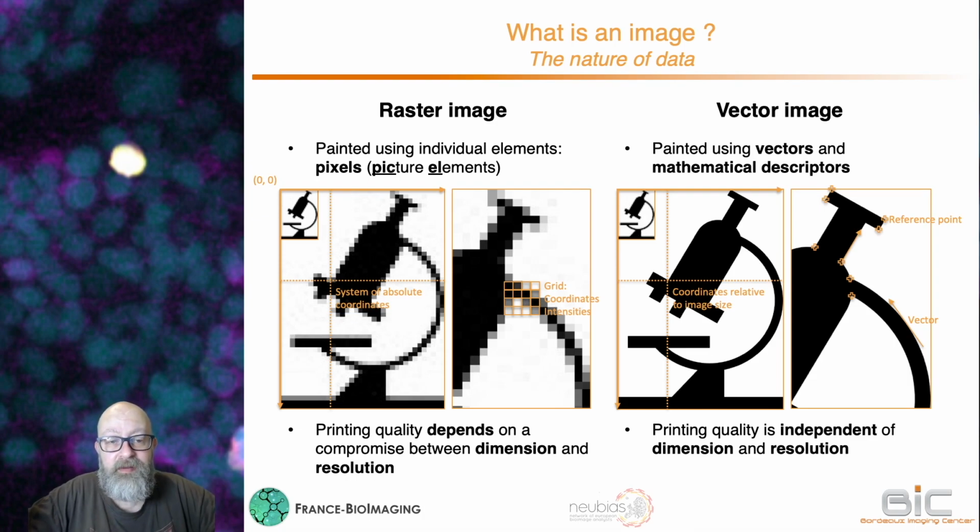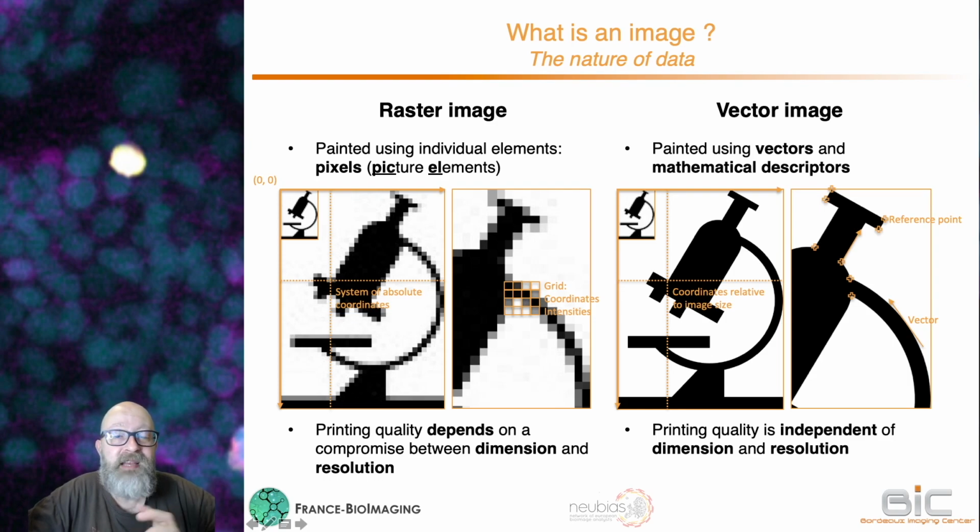On the other hand, you may have already come across vector images. Vector images, as depicted here on the right side, are images that are using specific descriptors. These are anchor points, and between points you may have a line, and the line may be straight or may have a certain angle.